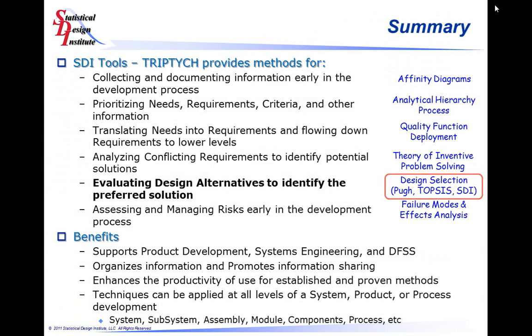So in summary, what we have done in this discussion is evaluated some design alternatives in order to identify the preferred solution against a set of criteria that it's important for us to meet for our stakeholders. And you can use these techniques in any part of your development process or products, systems, design for Six Sigma, whichever activities you may be involved in.